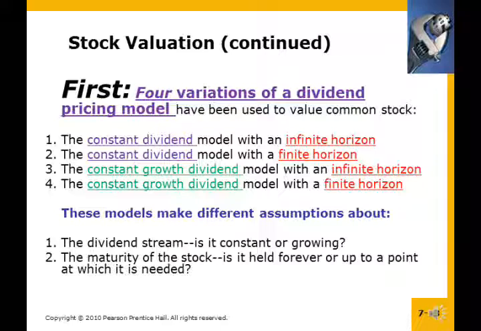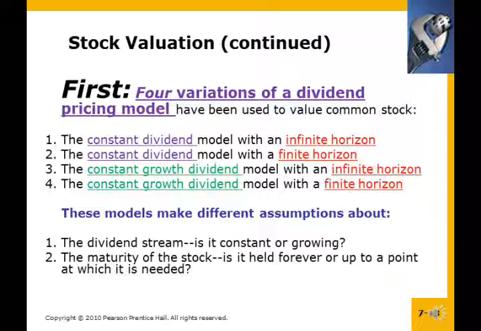The third one is the constant growth dividend model with an infinite horizon. So here the dividend is not constant, it's growing with a constant growth rate, but no maturity date, infinite. The fourth one is the constant growth dividend model with a finite horizon. You have dividend not constant, it is growing with a constant growth rate, and you have maturity date.